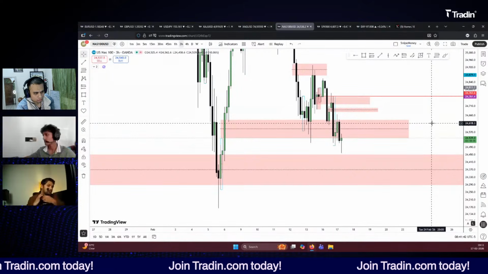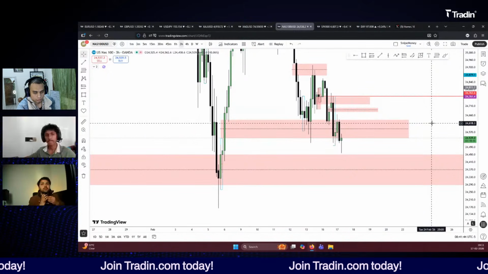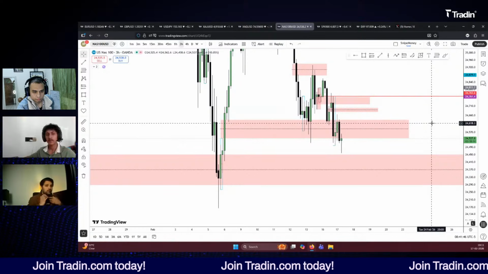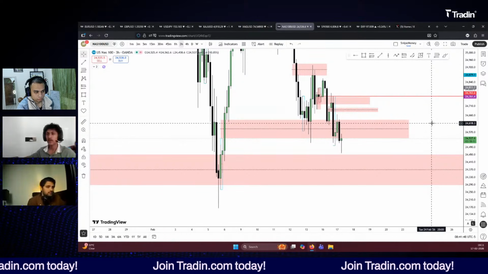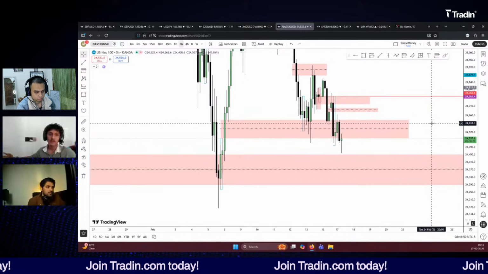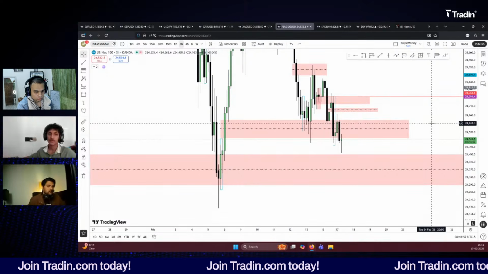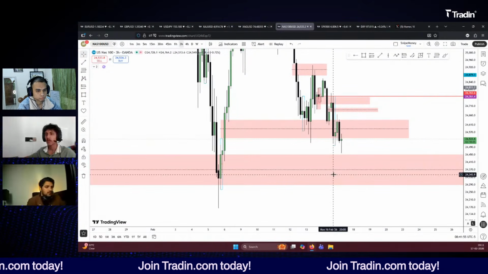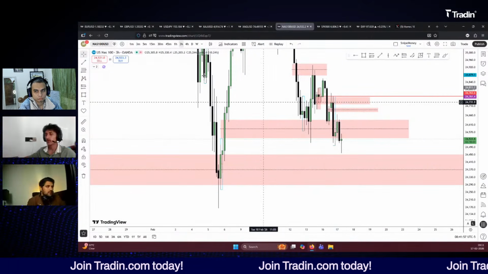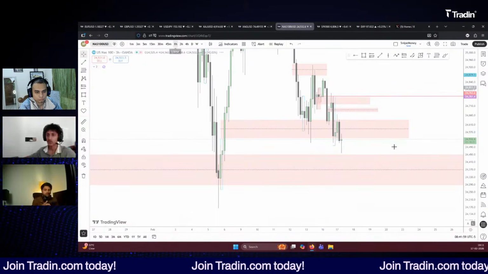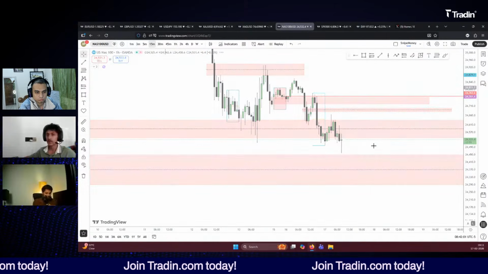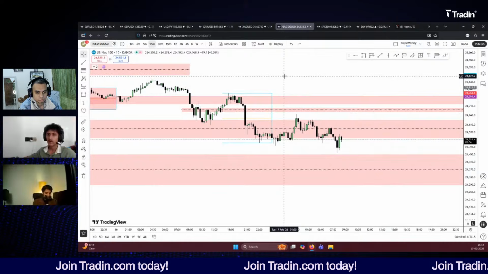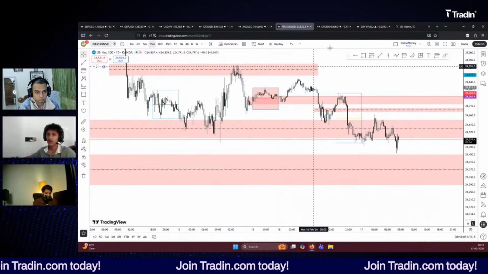It's not just retail traders, but banks and hedge funds. You can see how many contracts for longs and shorts, and that could give you a good bias, because I think they're not fake data, they're real data, and they could help you.